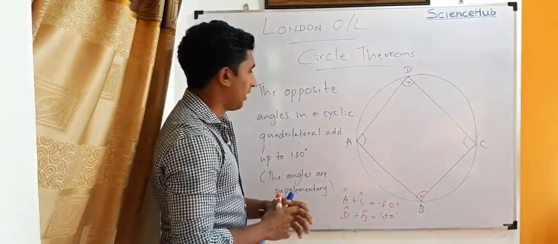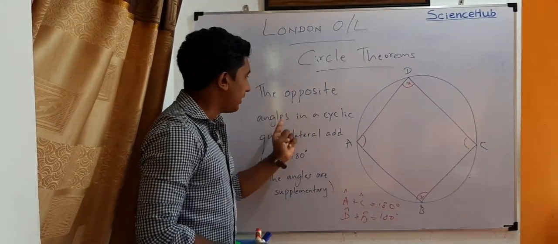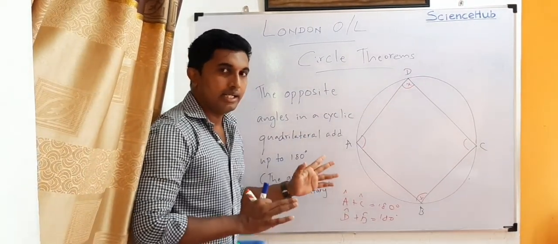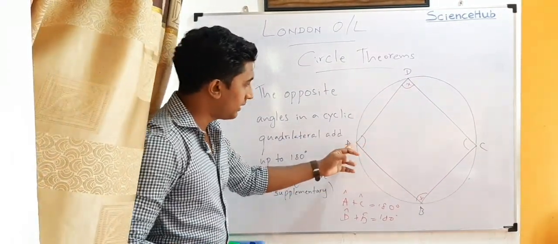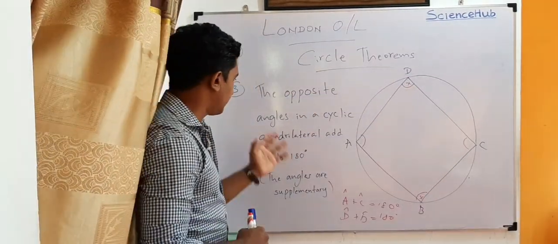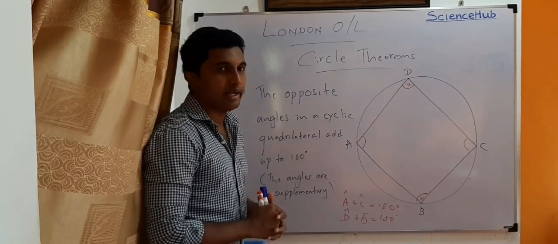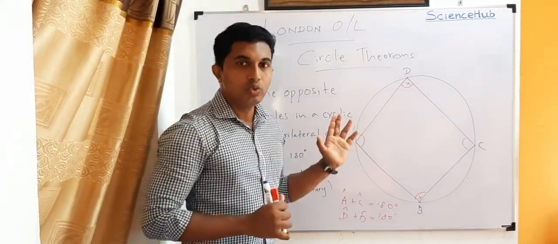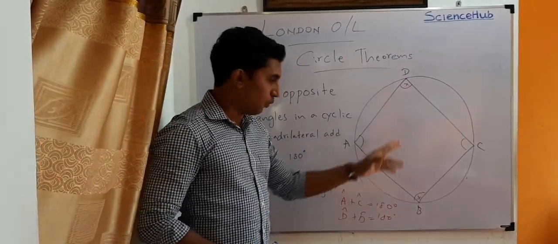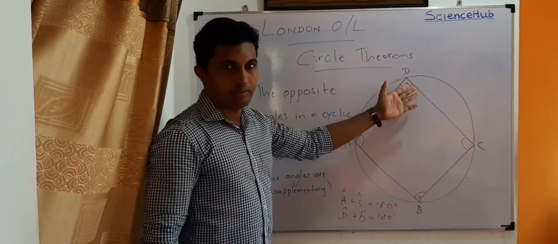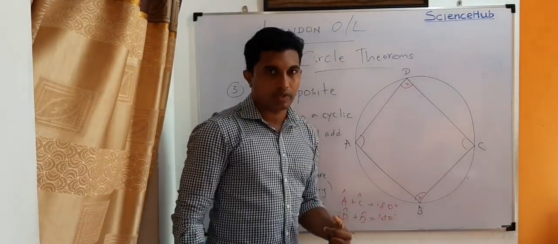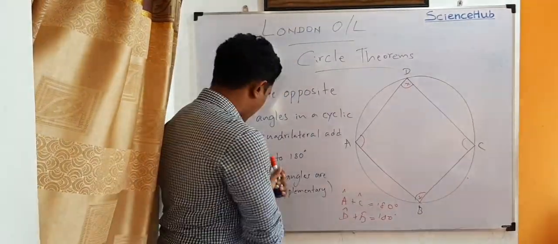This is the third theorem: the opposite angles in a cyclic quadrilateral add up to 180. Then we can prove our third theorem. We can prove that the sum of these opposite angles is equal to 180 like this.